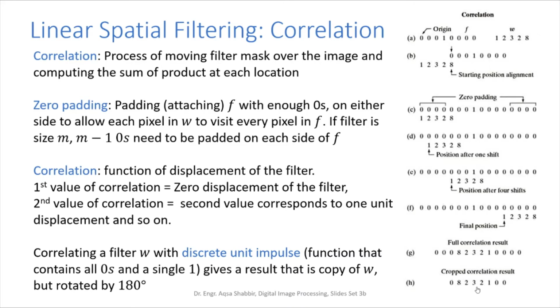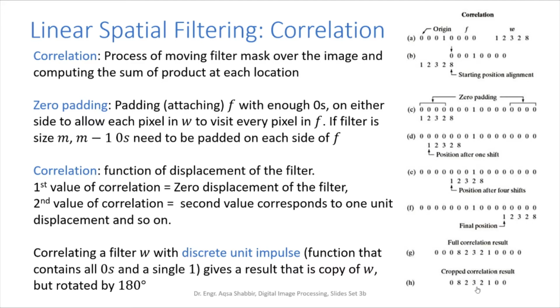Then, in order to obtain the second value of correlation, we shift w 1 pixel location to the right and compute the sum of products. The result again is 0.